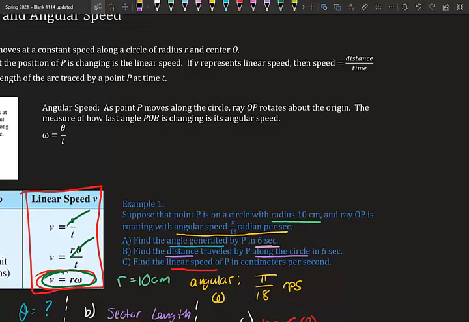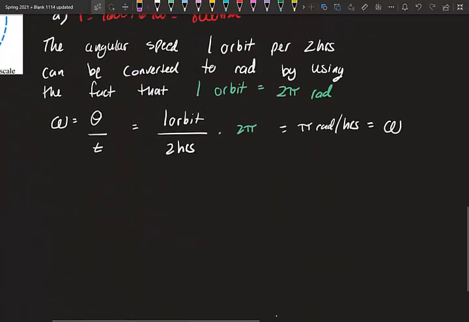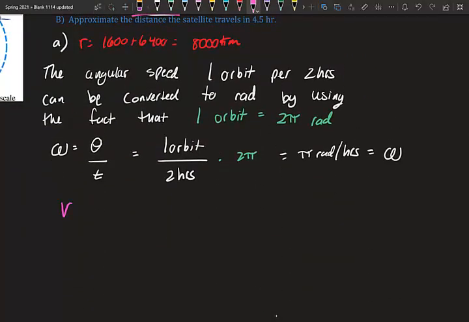So linear speed, we need to use one of these formulas. V equals S over T, R theta over T, or R omega. So what we have is the radius, and we just found omega, so let's go ahead and plug it in. So we're going to be using the formula V equals R times angular speed, so we have the radius, which is 8,000, times the angular speed, which we just found, of pi.